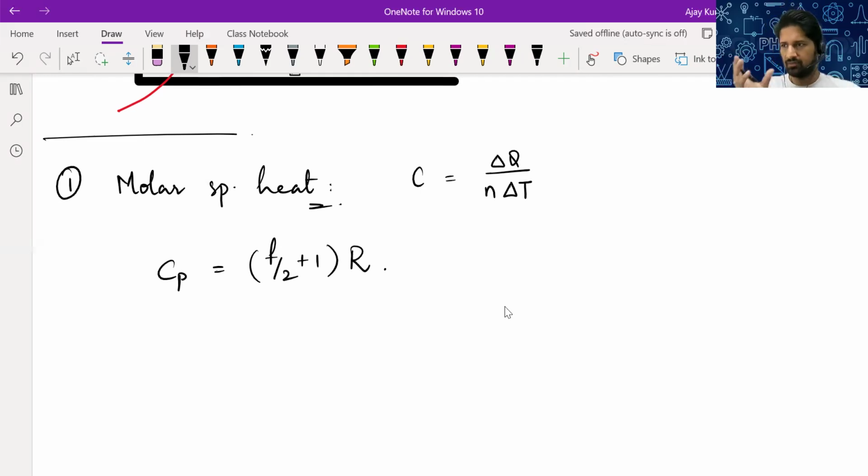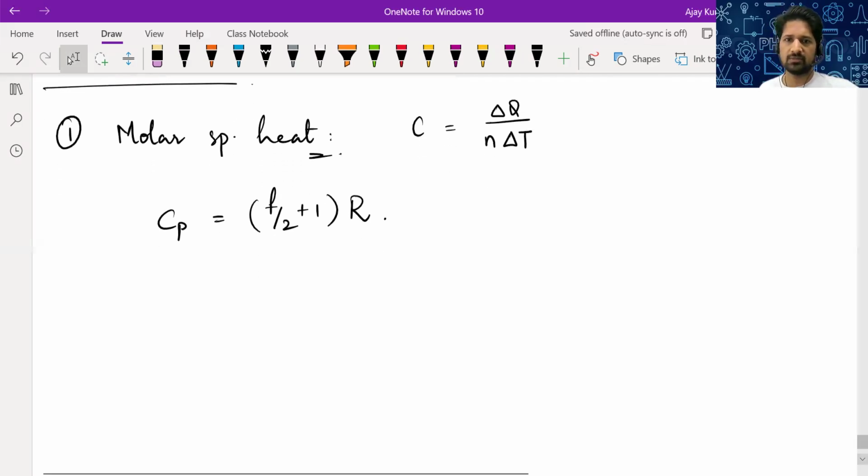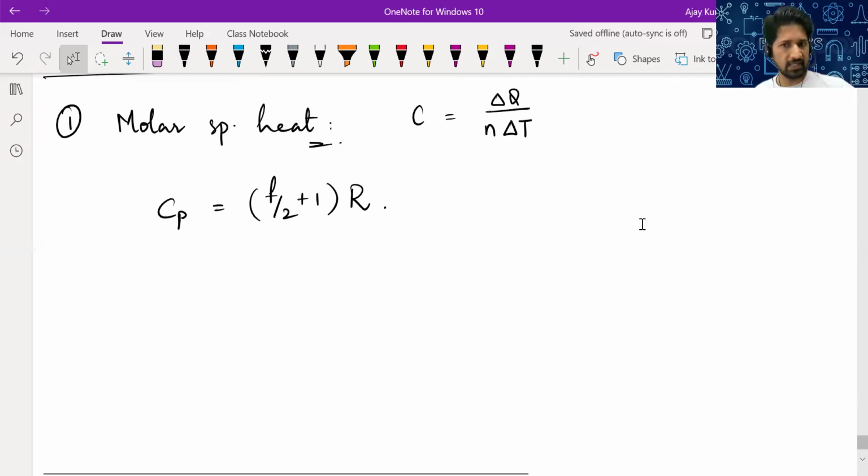If you know that, or if you have a formula for that, then you can tell how much is the molar specific heat. Now you can clearly see that molar specific heat in an isobaric process depends on the type of gas. It depends on the number of degrees of freedom, so it depends on the type of gas.